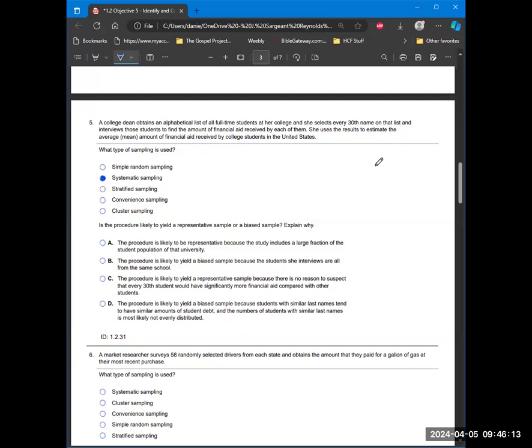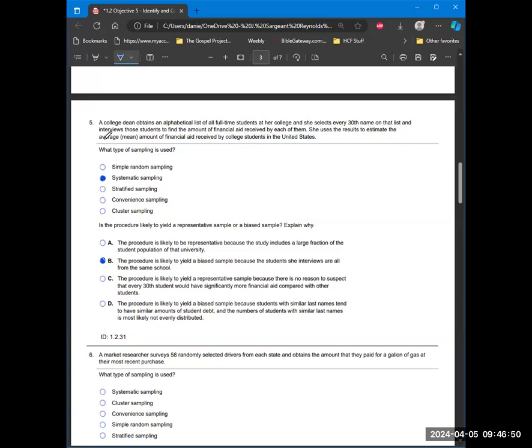So is the procedure likely to yield a representative sample or a biased sample? The procedure is likely to yield a biased sample because the students she interviews are all from the same school. So you're not restricting your question here only to financial aid received by college students at the university.